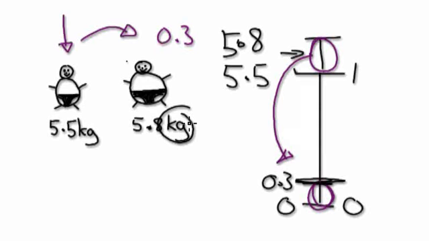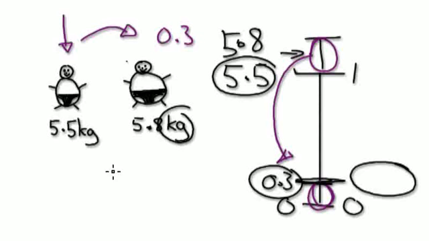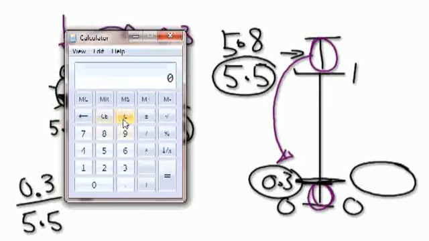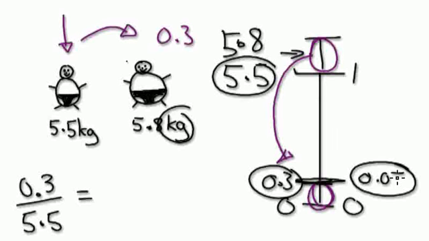And we're talking about kilograms. So bear that in mind. We are talking about kilograms, so we don't need to write the kilograms down here. So what is this level here? Compare this to the original here. So it will be 0.3 divided by the original. Calculator, clear. 0.3 divided by the original, which is 5.5, equals 0.05.